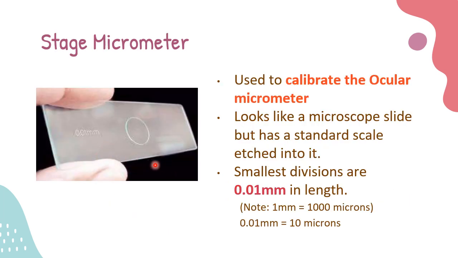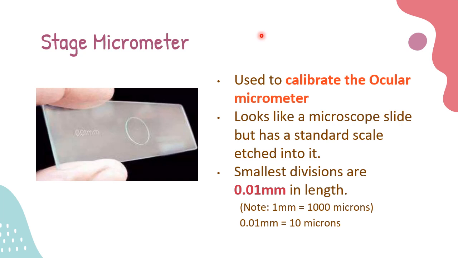This is a stage micrometer. It will look like a regular microscope slide, but what's different is that it has a standard scale etched into the middle, okay? This will be used to calibrate the ocular micrometer, and it will give the lines of the ocular micrometer their actual values, because unlike your ocular micrometer, the scale in the middle of this stage micrometer has actual measurements.